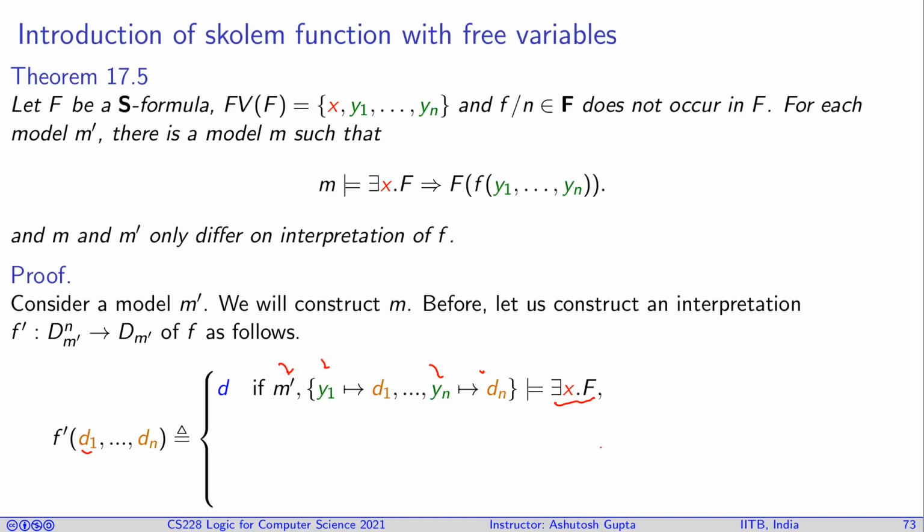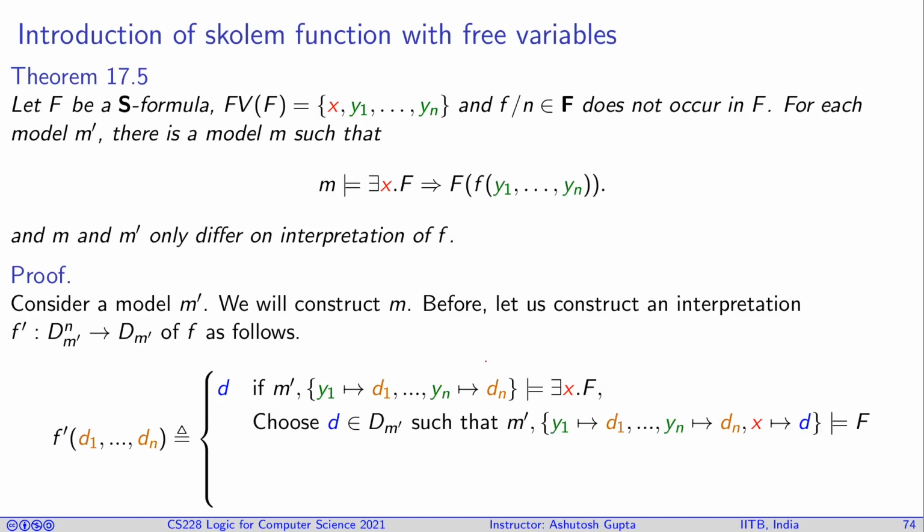If it satisfies, then there must be some value that satisfies F. Let's say d satisfies F. This d must exist because this is true. So we pick that value and return that d.